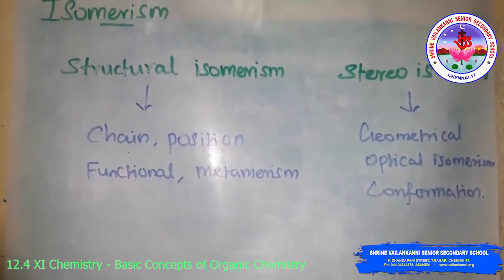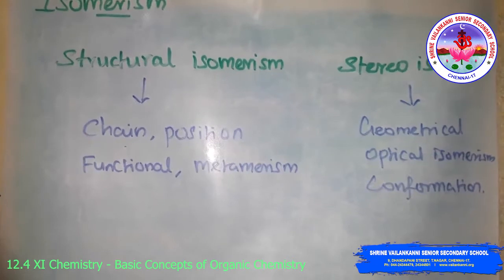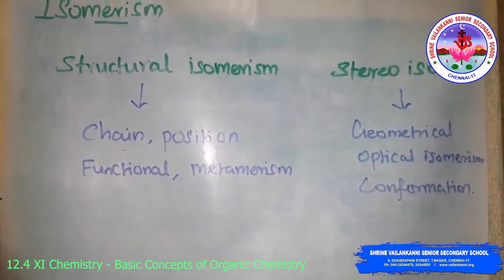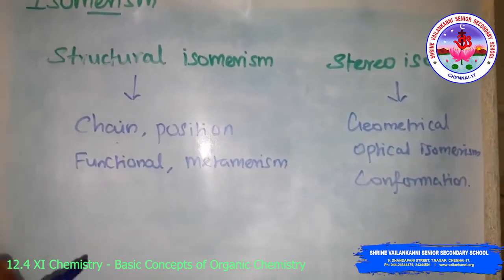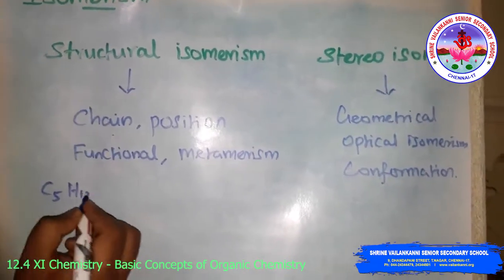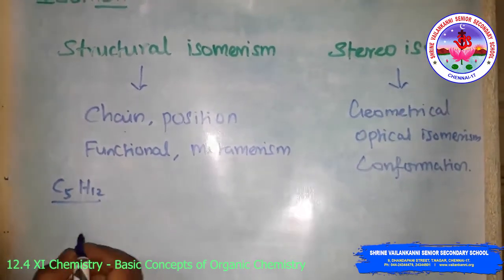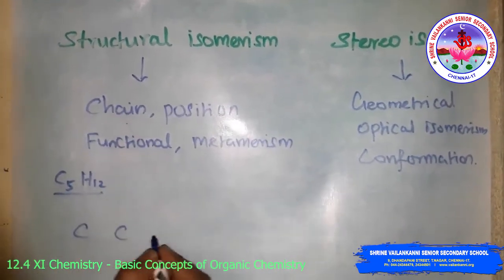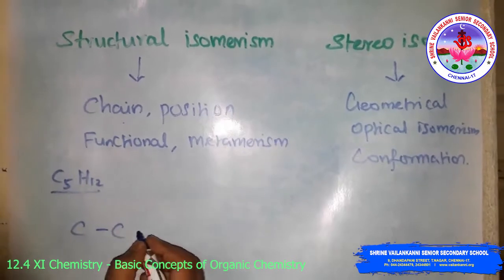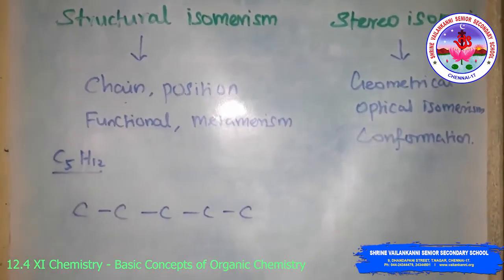Chain isomerism is when two or more compounds have the same molecular formula but different carbon skeletons. For example, C5H12. How many carbon atoms are there? 5. So 1, 2, 3, 4, 5.